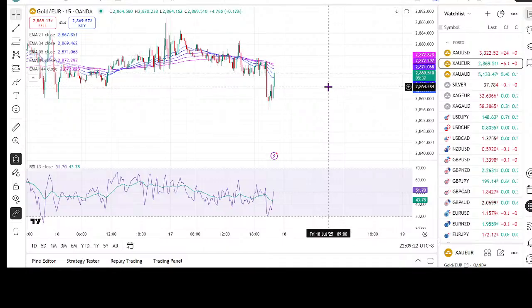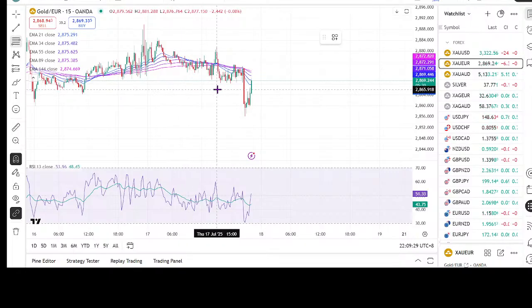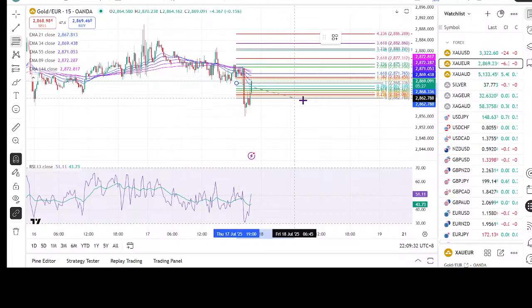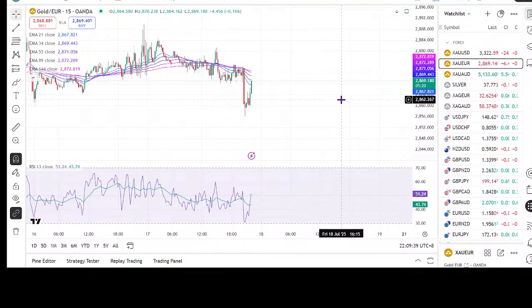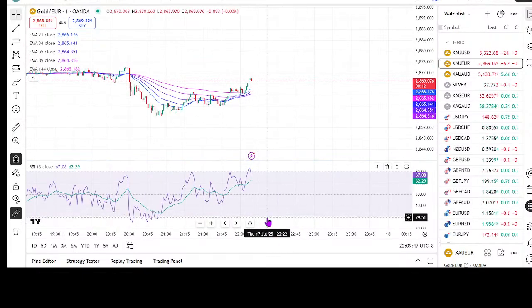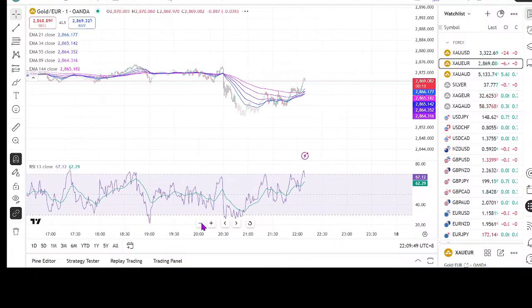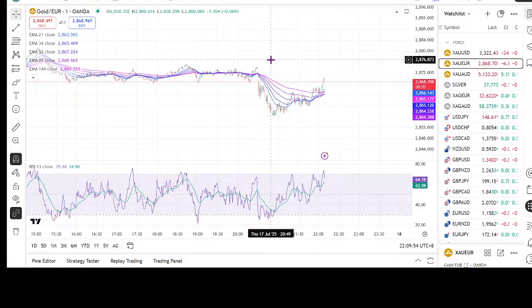So we can go for a stop. Let me see the extension of this level. Yeah, about 74 to 75. We should not go above this level. Of course, if it goes above, then we are wrong on that.